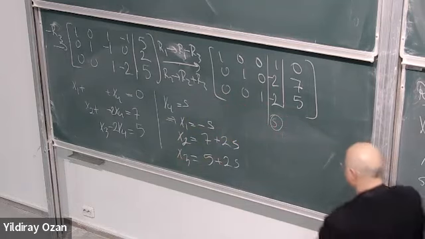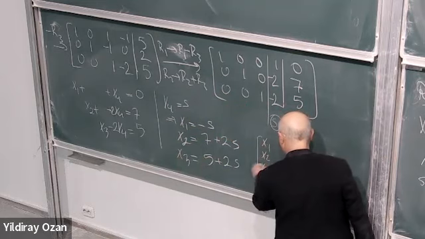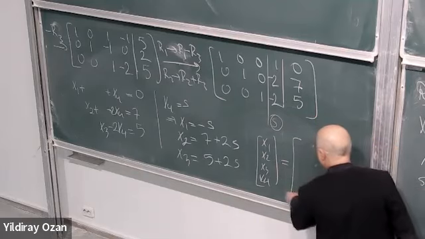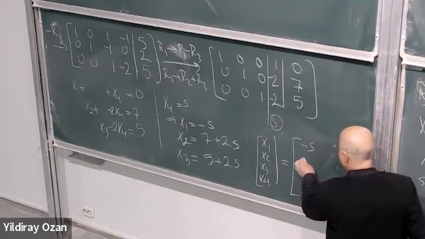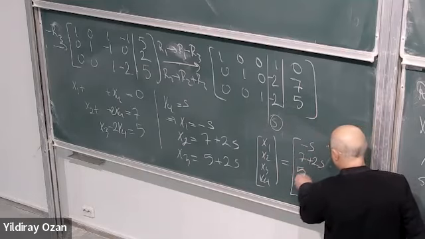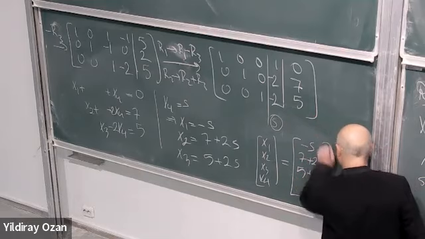So I can write x1, x2, x3, x4 as well. So this is just minus s, 7 plus 2s, 5 plus 2s, and s.